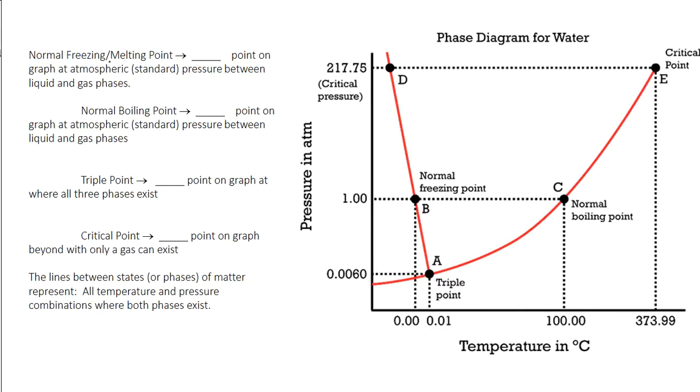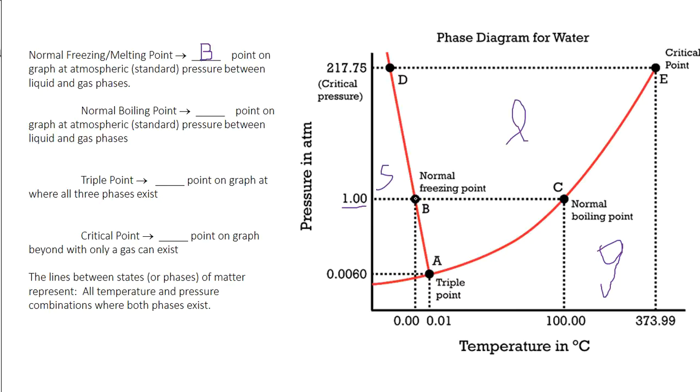The points we need to know: the normal melting or freezing point, you'll see that right here. That's indicated by the point B. And the point B is the point at which, at atmospheric pressure, the solid area here, the liquid area here, and the gas area here, solid and liquid exist at standard pressure, which is 1 atmosphere or 101 kilopascals or 760 millimeters of mercury.